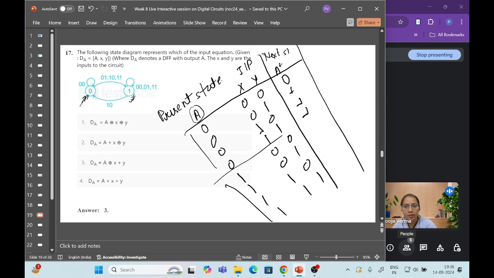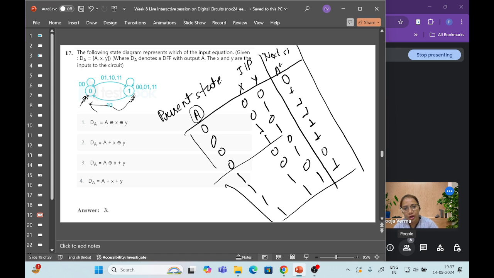Now, when the inputs are 0 0, we are again in the same state, that is 1. For 0 1, we are in the same state, that is 1. And for 1 0, what will be the state? That is 0, right? Because we are moving to the other state. For 1 0 it's 0, and for 1 1 it is in the same state.